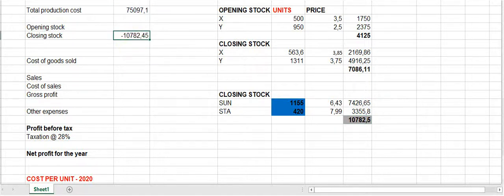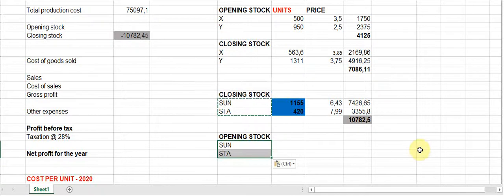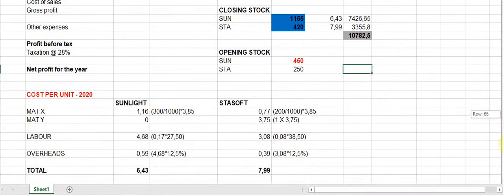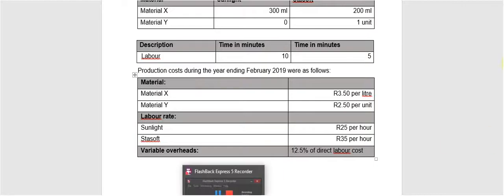We also need to go and calculate the opening stock. And again, we have Sun and Stasoft. The opening stock was given to us as 450 units and 250 units respectively. So I'm just going back to the question to show you where I found it.